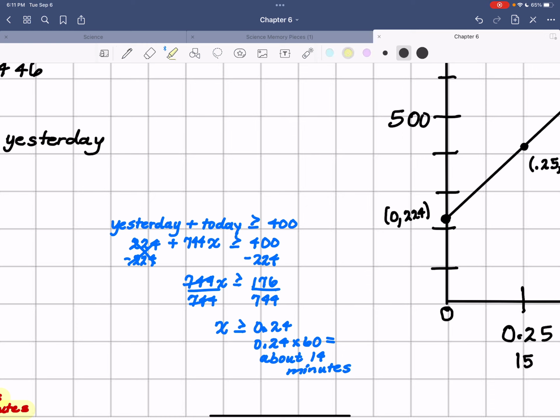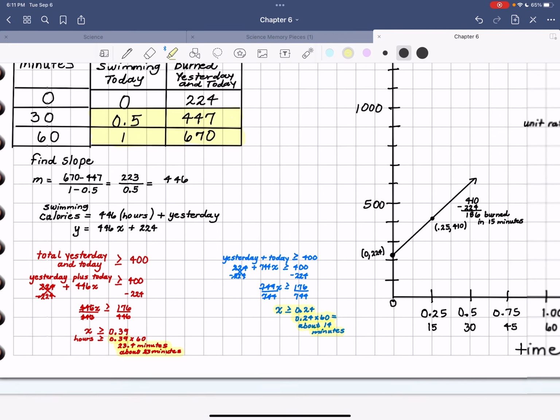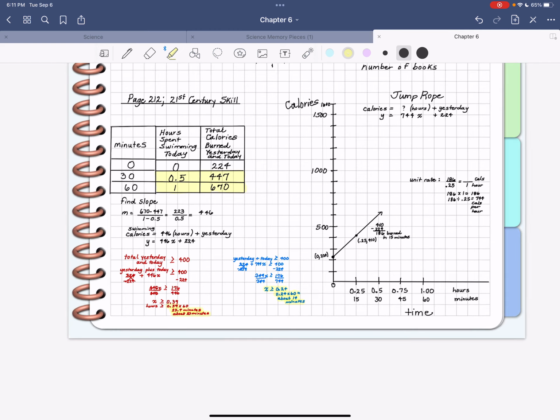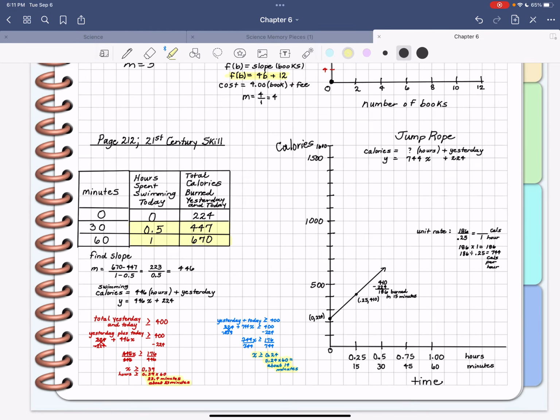So to burn those calories, he can jump rope for 14 minutes, or he can swim for 23 minutes, and he will make that goal of 400 calories.